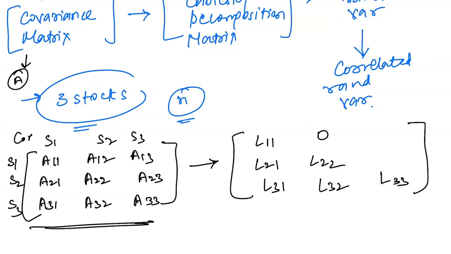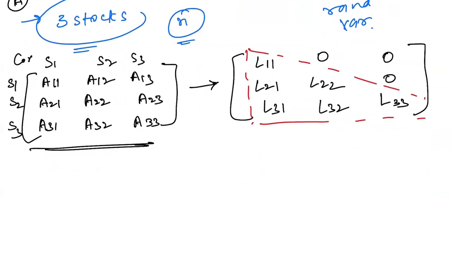This will always be a lower triangular matrix, so the upper component will become 0. Now the formula for L11 is nothing but the square root of A11. Whatever value we have in the covariance matrix, we just take the square root to get the L11 value.